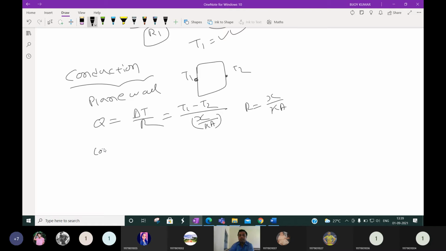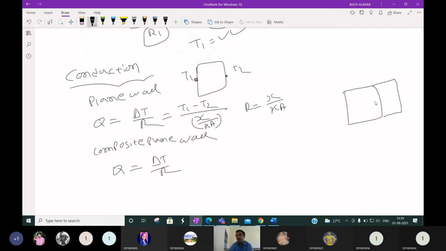If a composite plane wall is there, then Q is simply delta T by R. Let me draw a composite wall. Suppose this is a composite wall where two walls are connected in series. The outer temperatures are T1, T3, and the interface temperature is T2. Delta T overall is T1 minus T3.